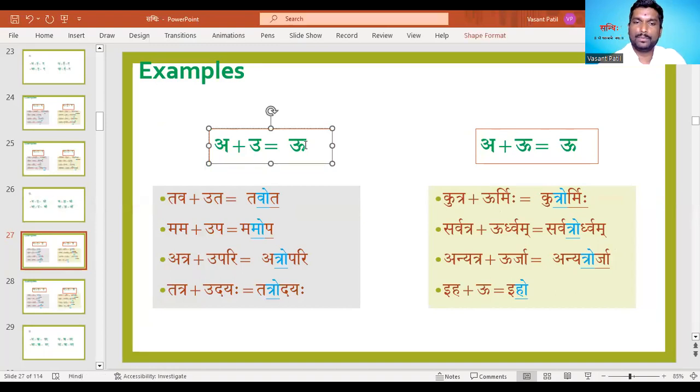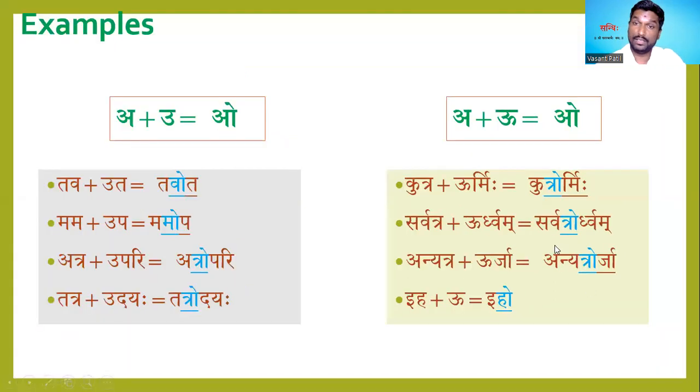So a plus u will become o, and a plus ū will also become o only. Sarvatra plus urdhvam, sarvatrordhvam. Anyatra plus urja, anyatrorja.